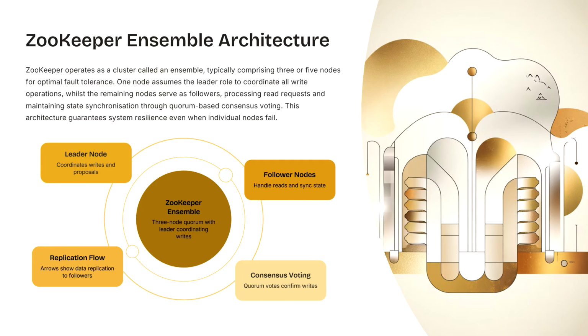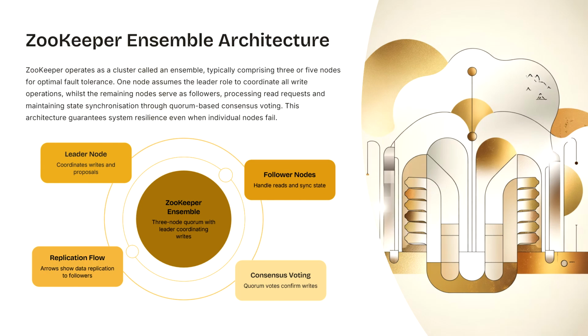ZooKeeper Ensemble Architecture. ZooKeeper runs on a cluster known as an Ensemble. Typically, there are 3 to 5 servers to ensure high fault tolerance. One server becomes the leader and handles all write operations, while others act as followers to process read requests and maintain synchronization.